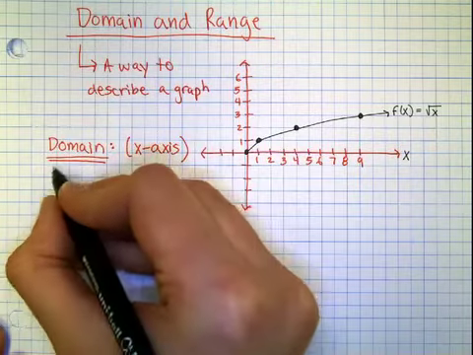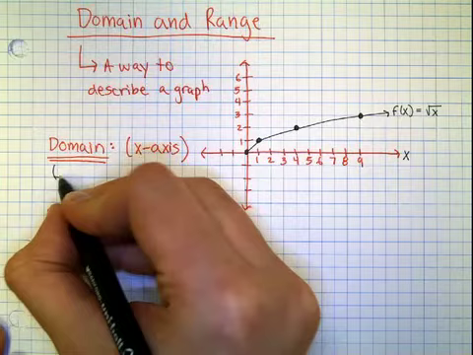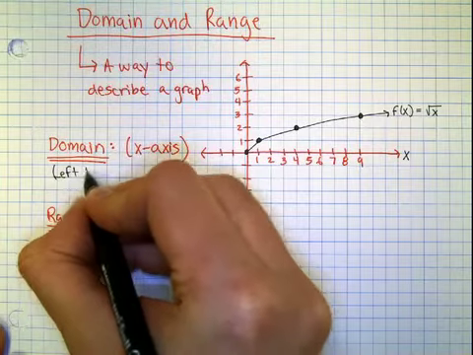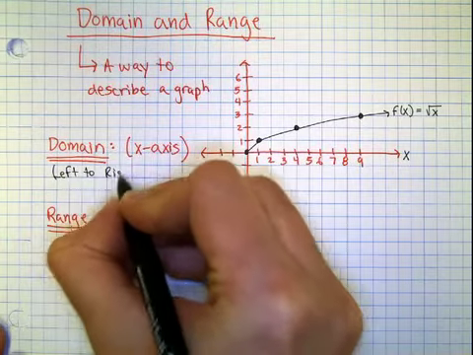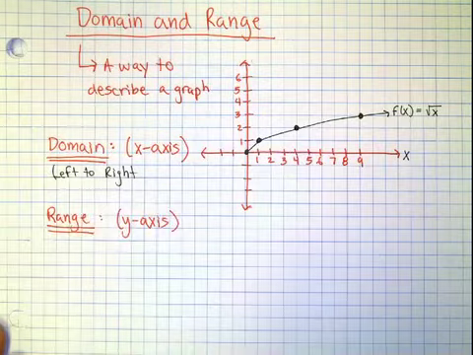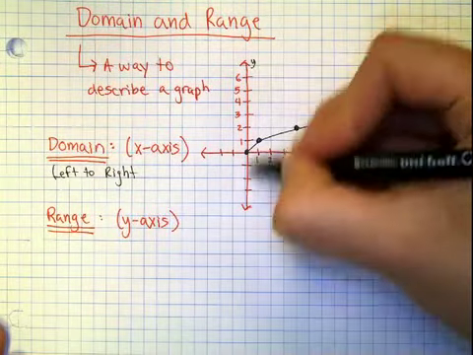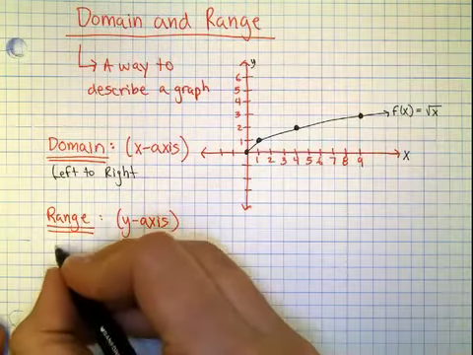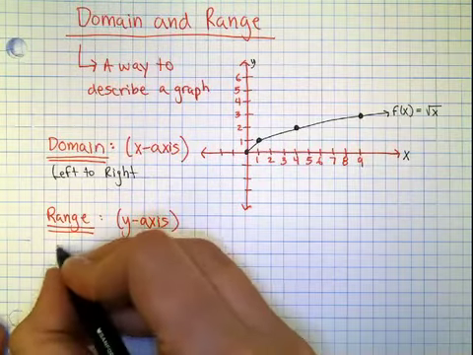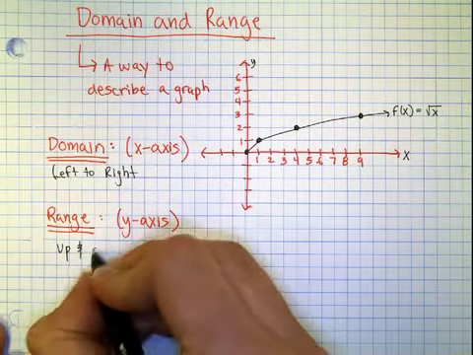So domain is all the values from left to right. That's the x-axis. Range is on the y-axis, and the y-axis goes up and down. It's vertical. So for the range, it's up and down. It's vertical.